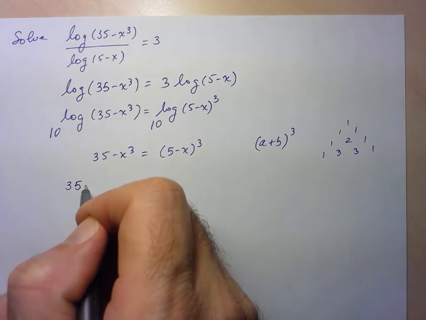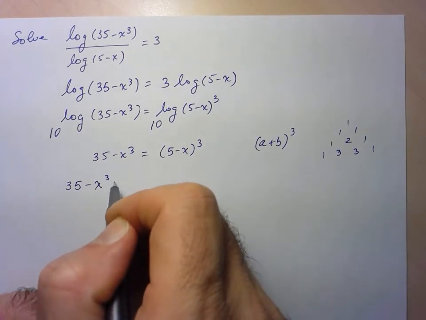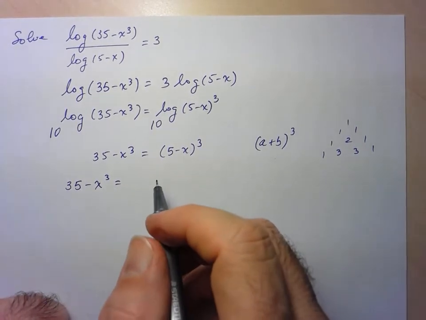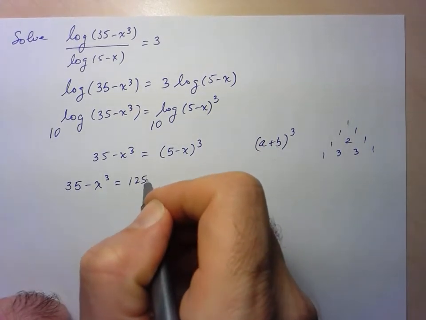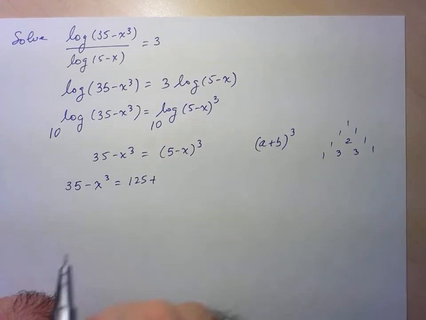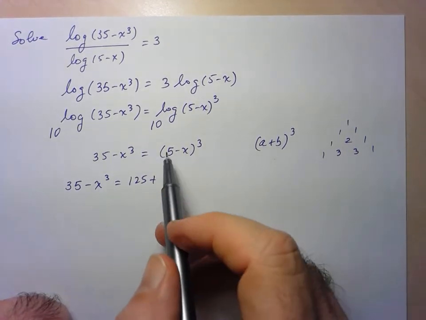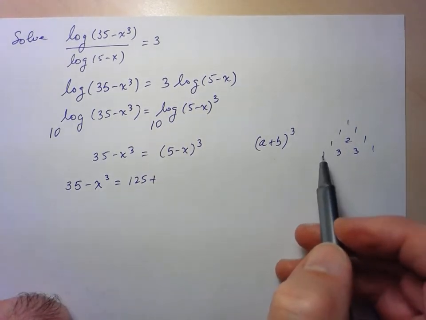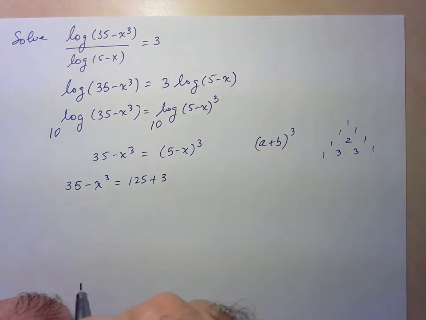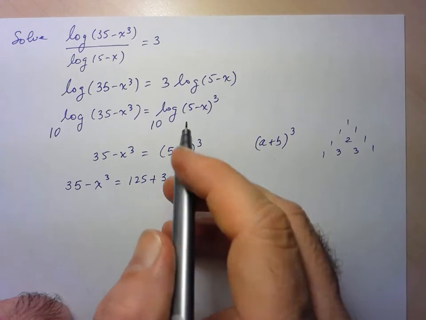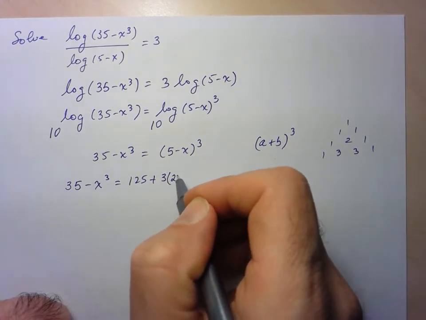Left-hand side, already pretty simple. Here, first it's going to be a cubed, so 5 cubed, which is 125. Then plus, now I'm going to take our coefficient of 3. That first coefficient was just 1 times 5 cubed. Now we're going to have a coefficient of 3, and now we're going to square the 5, so that's 25.